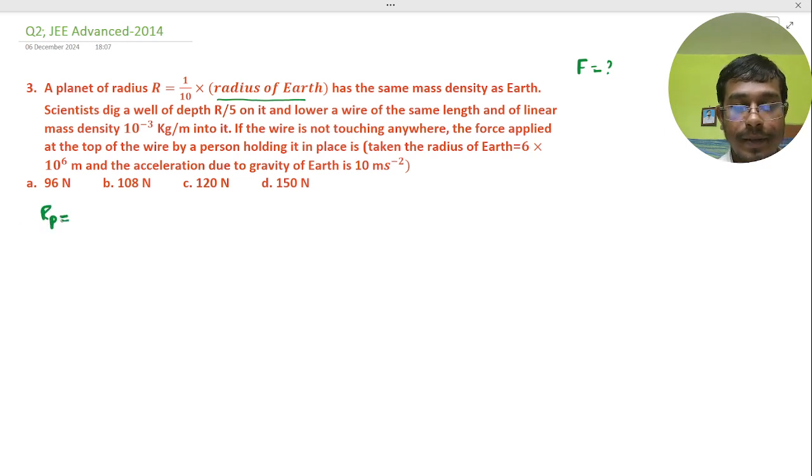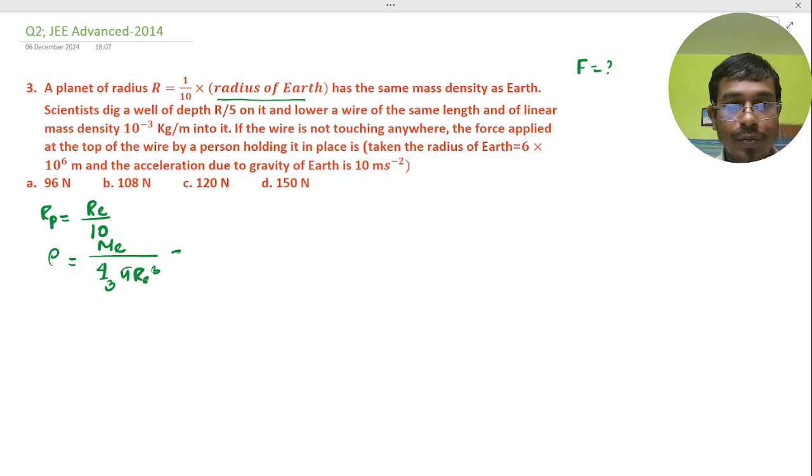Our planet, P means planet, has radius RE by 10. Second, mass density is the same, so the mass density becomes ME by 4/3 pi RE cube. Mass density is the same, so M for the planet becomes 4/3 pi r planet cube.